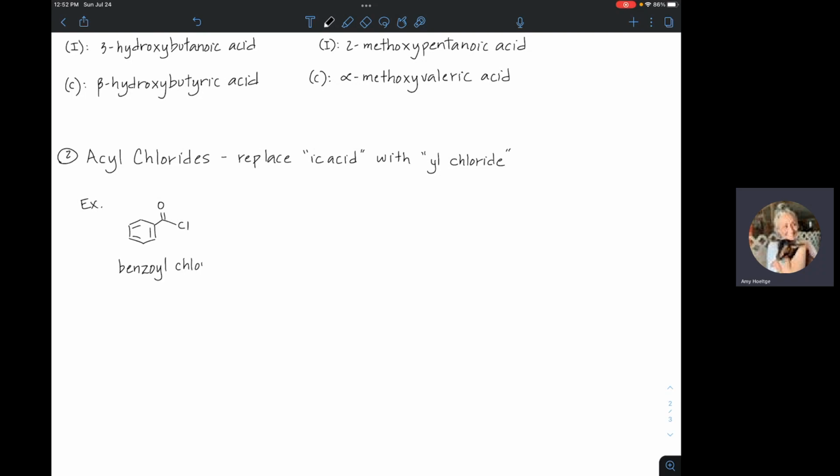You have probably heard it, some of you maybe, as benzoyl chloride. If you've ever used one of those pads to clean your face, and it's got acne medicine in it or something, they call it benzoyl chloride. There's the molecule. But benzoyl is the pronunciation. So that's benzoyl chloride. It is a lot more reactive than benzoic acid, as we'll find out.